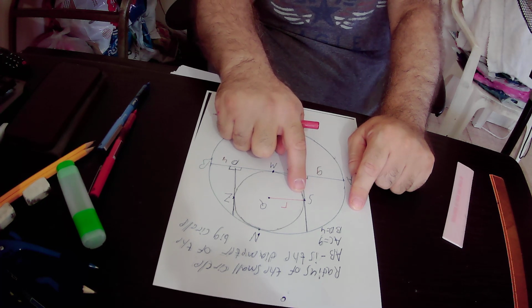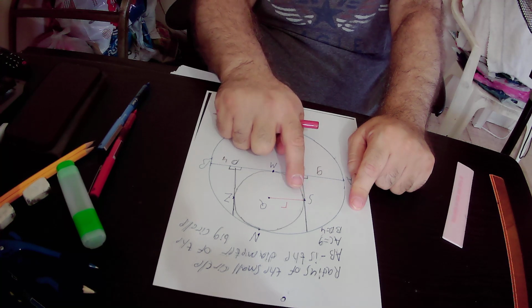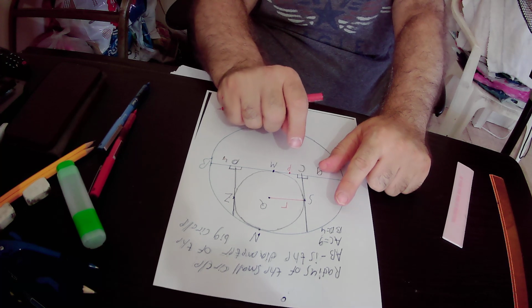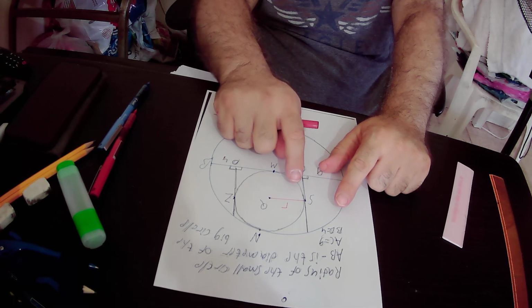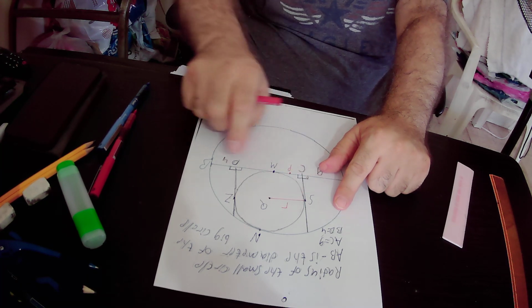That is to say, this radius is drawn to point S, that is the point of tangency. Therefore, according to rule number 1, the tangent is perpendicular to the radius that is drawn to the point of tangency, that is to say, to point S.